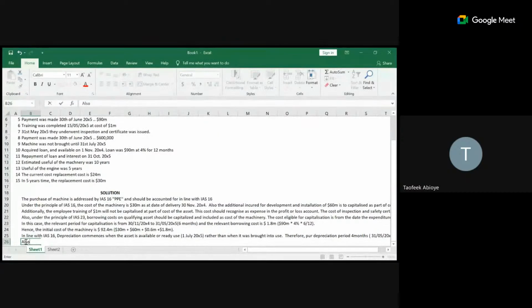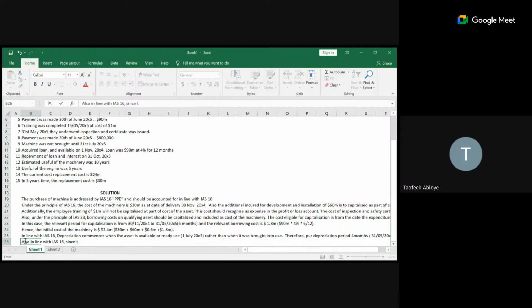Also, in line with IAS 16, we need to tell the examiner that the engine should be depreciated separately.